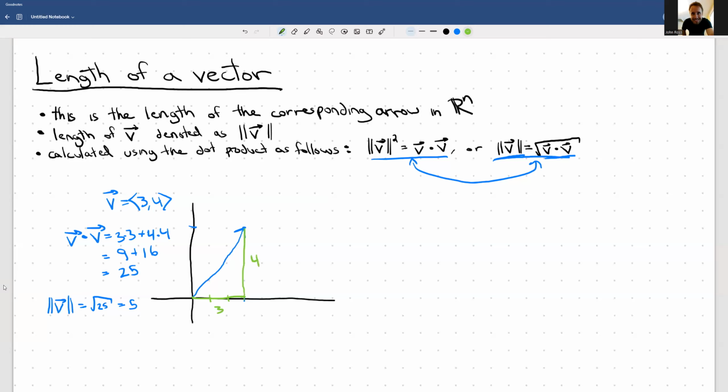We'll draw that. And what we see is that this is not just a vector, but this is the hypotenuse of a right triangle, whose one side length is 3 and whose other side length is 4. And so, of course, this hypotenuse length is going to be 5 because it is a 3, 4, 5 right triangle.